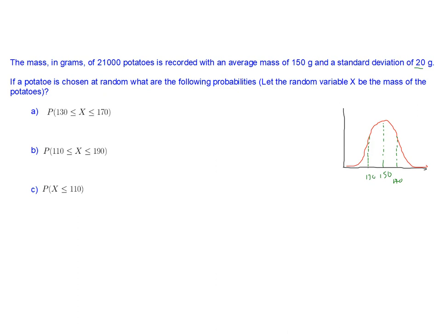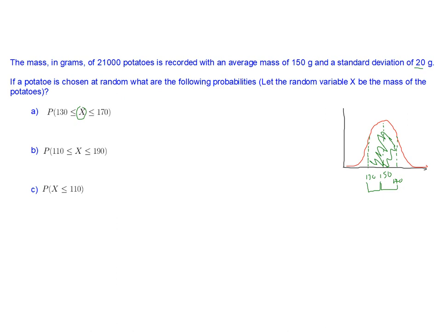So here the question is asking us, if x is our random variable, what's the probability that the mass of our potato, that's this x value, is between 130 and 170? Well, that's this part of the graph right here. This is one standard deviation in this direction and one standard deviation in the other, centered on the mean.